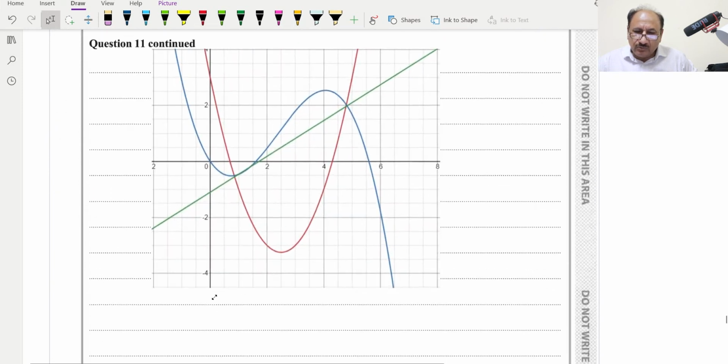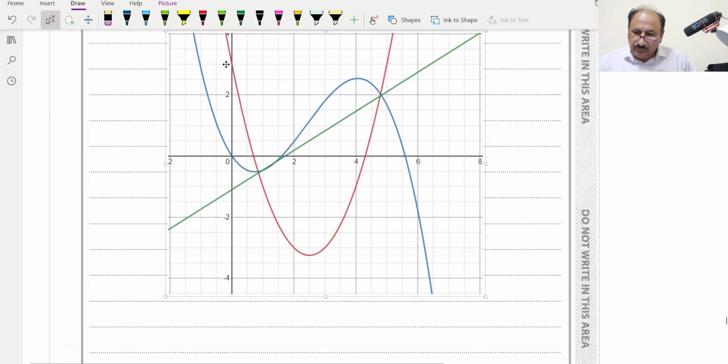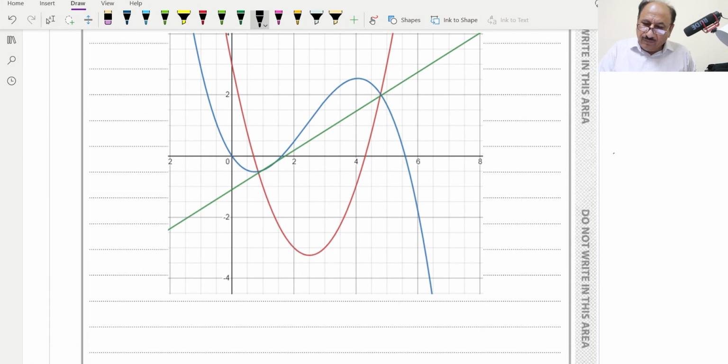This red graph is the given graph, and the other one, the blue cubic graph, has these two intersections with the red graph, and then this is the straight line. And basically we found the gradient of this straight line also.